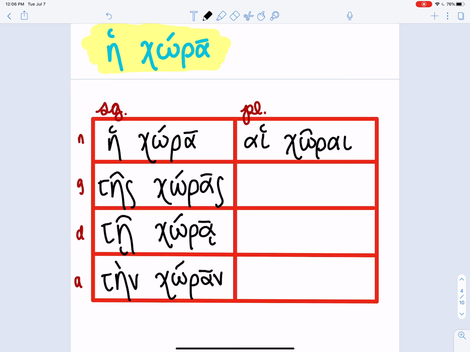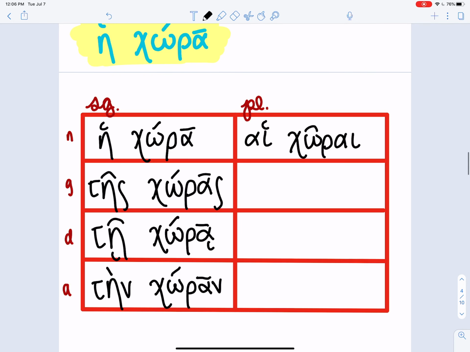Anyways, next genitive plural is ton for our definite article with that circumflex there, and then horon for our genitive plural of hora. And this is one where the accenting rule is relatively simple because it's true for all of these nouns that we're going to be using.